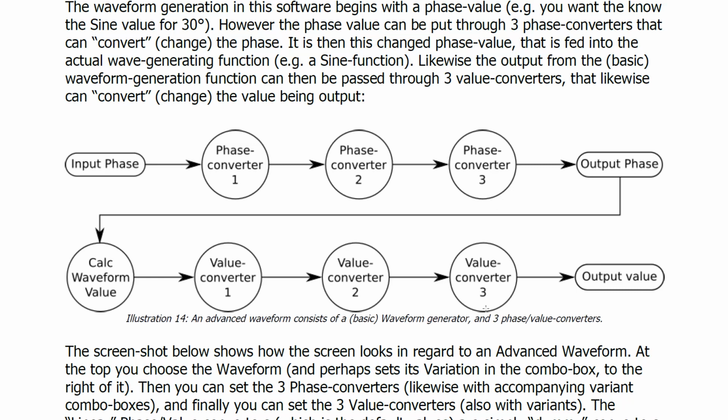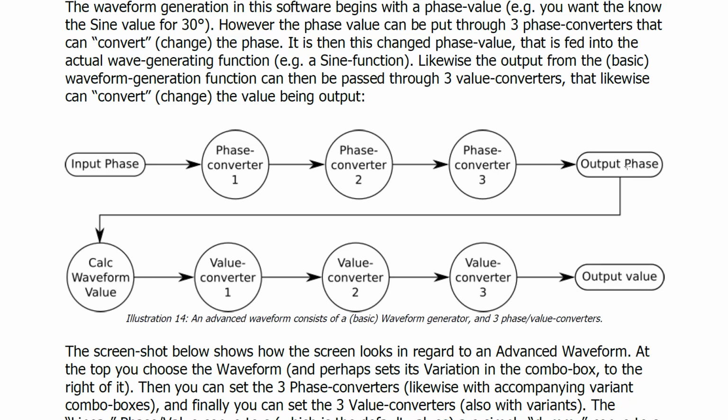And here we see a close-up of the advanced waveform. As I said, the advanced waveforms have 3 phase converters and 3 value converters. So what you are actually doing is inputting a phase to the first phase converter. Again, the phase is a value from 0 degrees to 360 degrees. And the phase converter changes that phase, passes that changed phase on to the next phase converter, which passes it on to the third.